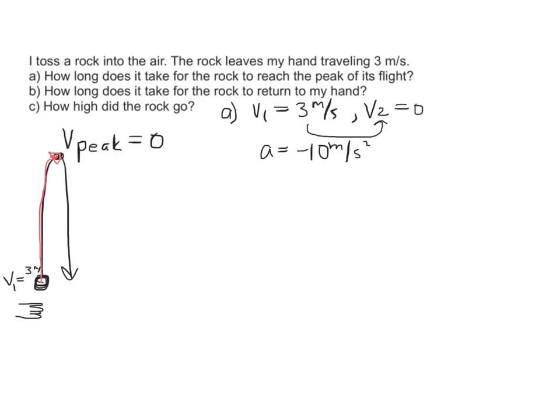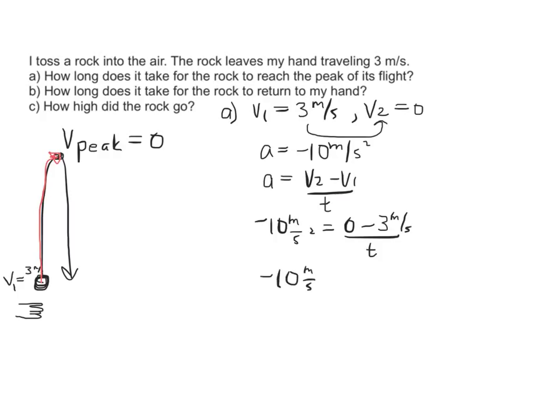So I'm going to use the equation that we've used before. a equals v2 minus v1 all over t. So that means negative 10 meters per second squared equals 0 minus 3 divided by time. I need to solve for t.